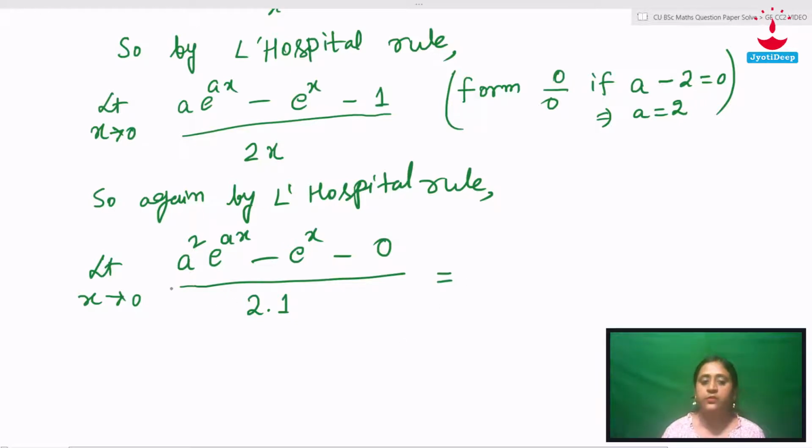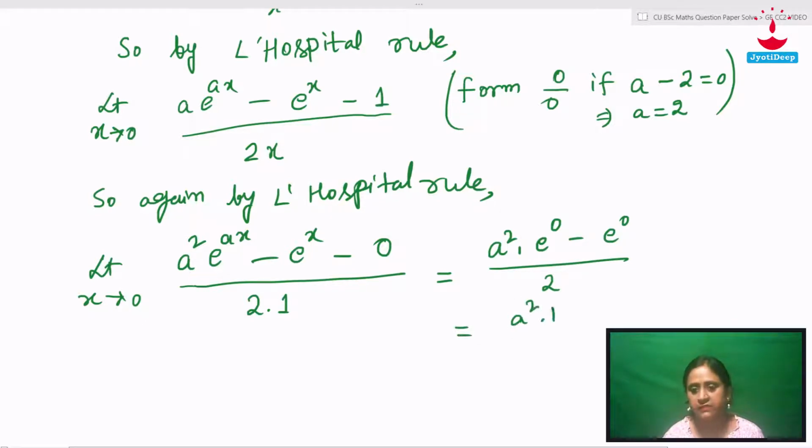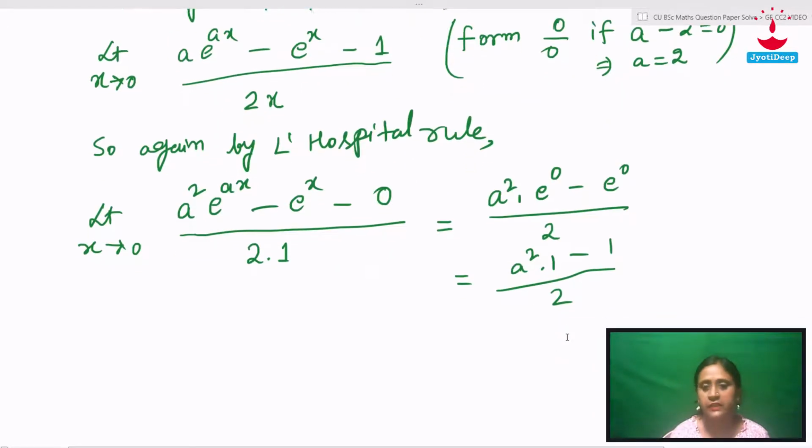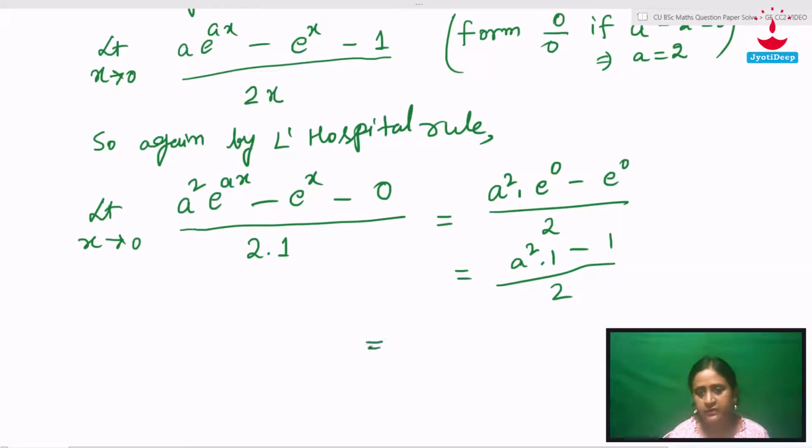Now we are going to put the value of x in the upper part. So we will get a square into e to the power a into 0, minus e to the power 0, divided by 2. This is equal to a square into 1 minus 1 by 2, that means a square minus 1 by 2.